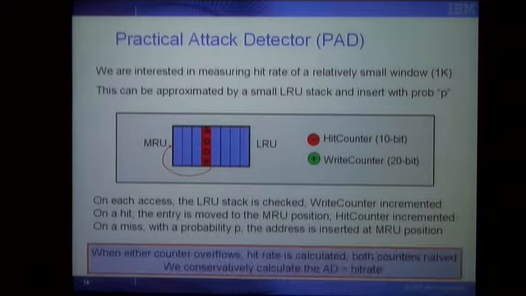And whenever the counters overflow, you compute the hit rate. Pessimistically assuming that only one line is being attacked, the attack density is similar to the hit rate. This is pessimistic because if two lines are being attacked, this will give you a higher hit rate, but that's not a problem. So we conservatively assume that the attack density is just the hit rate of this detector.